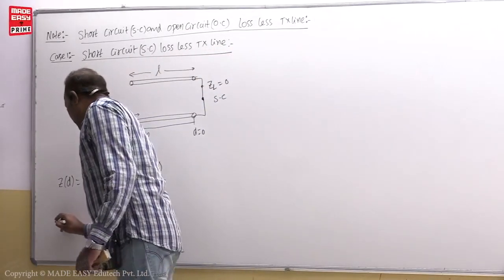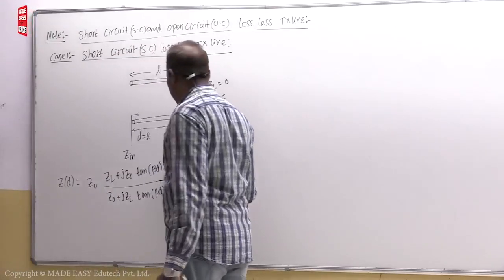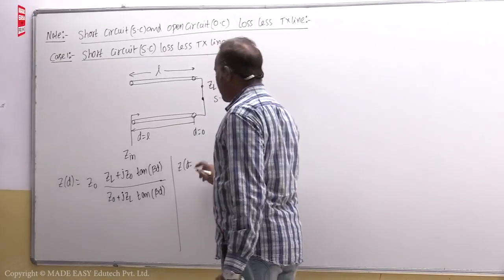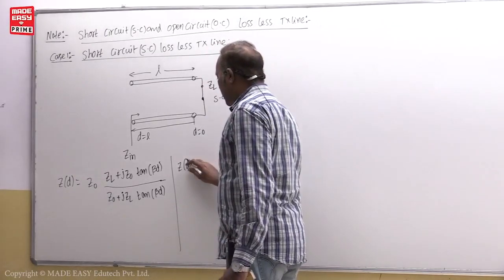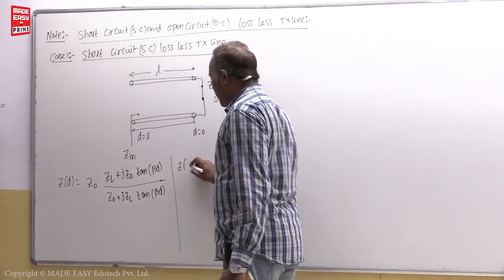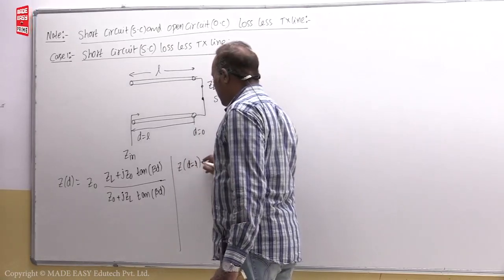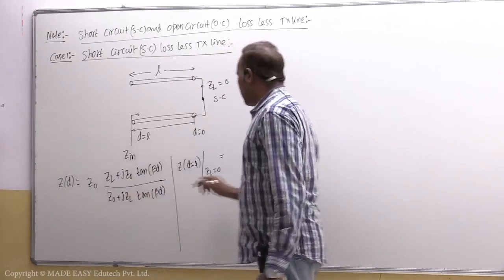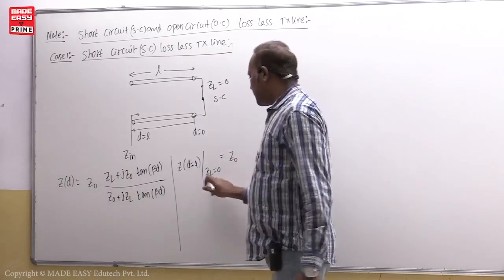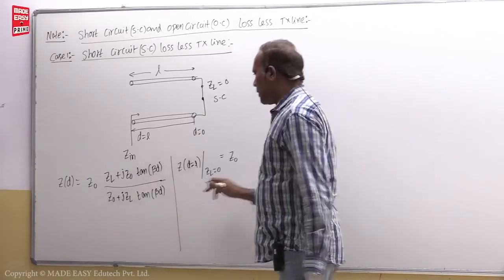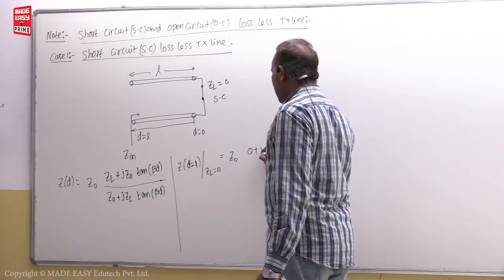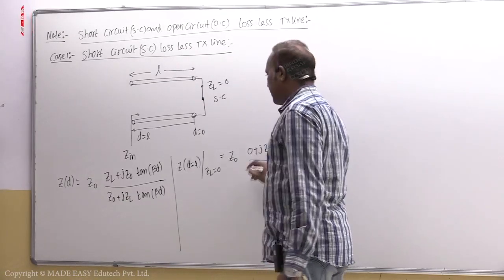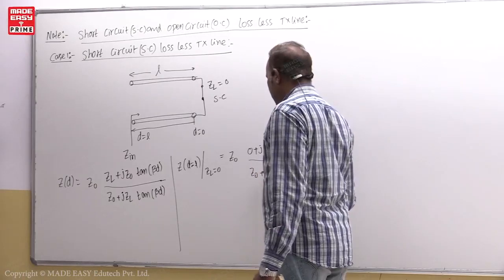Shall I write here? Okay, I will write here. Impedance, when I substitute d is equal to L, that becomes the input impedance when load is short circuit. Then from this formula, ZL is equal to 0, you substitute, then 0 plus jZ0 tan βd divided by Z0 plus 0.